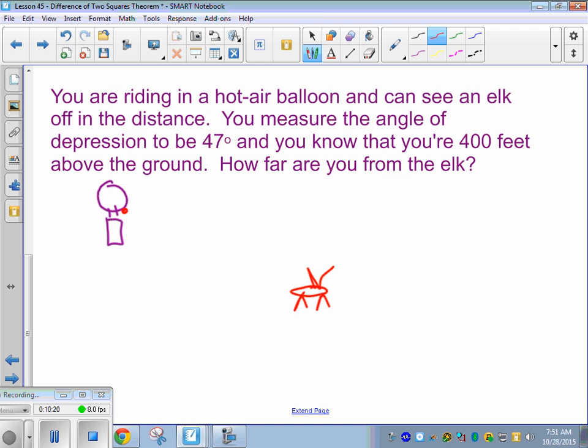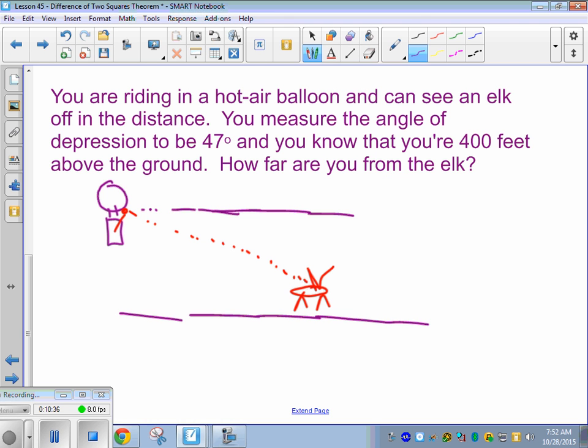Okay, here's me. Line of sight. Ooh, there's looking at the elk. Boom. We're making eye contact. All right, you should probably face that way then. So anyways, you measure the angle of depression to be 47 degrees. So when you're doing an angle of depression, again, you want to draw the line of sight and the ground.